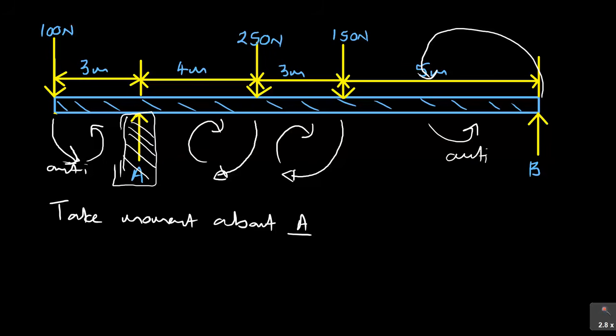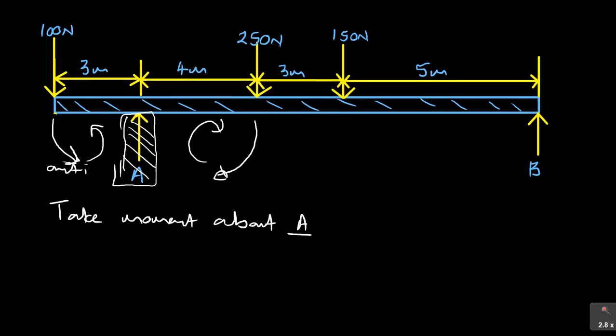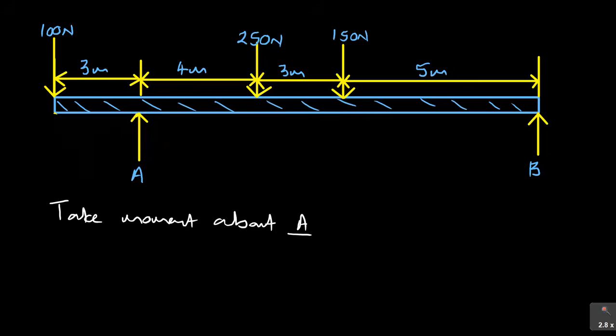So that is what is happening there. I needed to correct the first statement that I made. So whenever we are calculating, to take moments about A, we are looking at the 100 newtons.